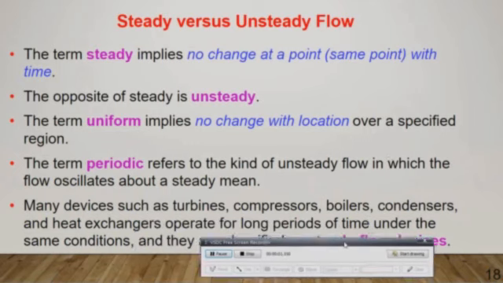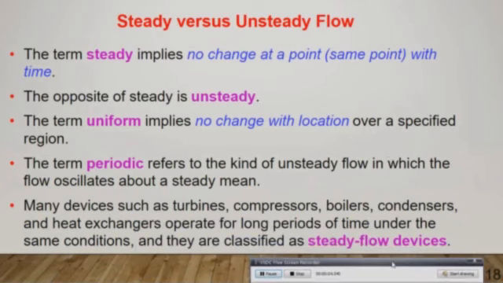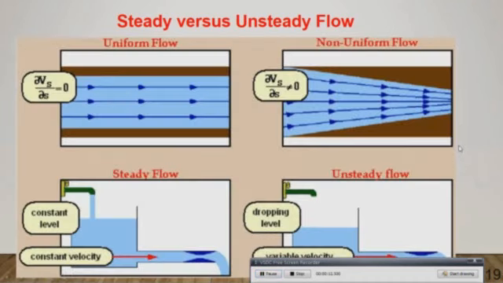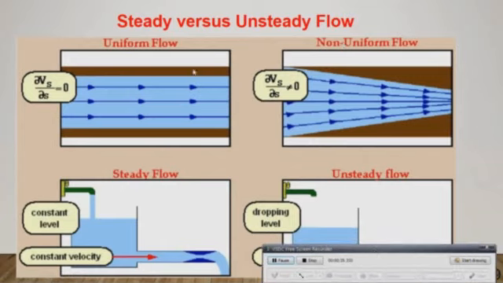The next one is on steady or unsteady, as well as uniform or non-uniform. So we will go forward to the next slide. So we have uniform and non-uniform, then steady and unsteady. Uniform basically depends on the location. So uniform flow means at any location the speed is the same.